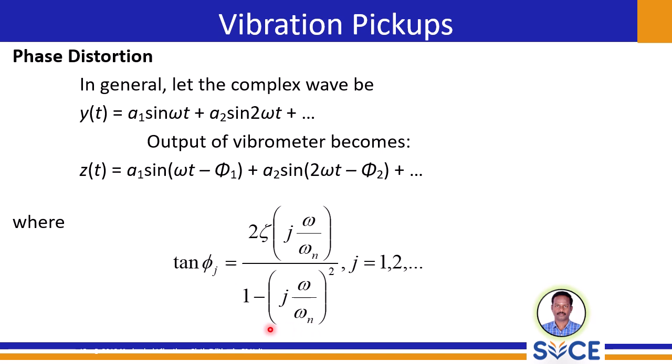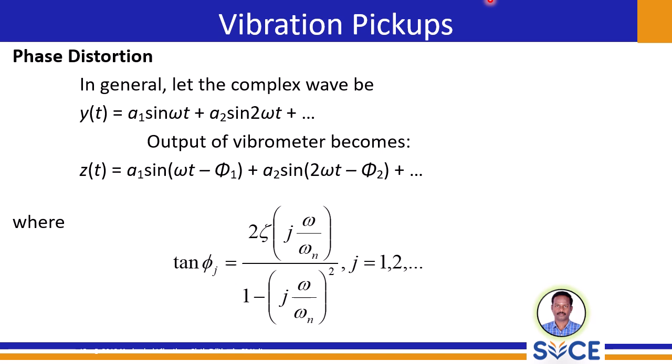You can see the phase shift phi j depends not only on the damping ratio and the natural frequency of the instrument, but also on the frequency of the specific harmonic component we are measuring. So we are considering omega j in relation to the instrument natural frequency. This formula highlights why different frequency components in the input signal experience different phase shifts.